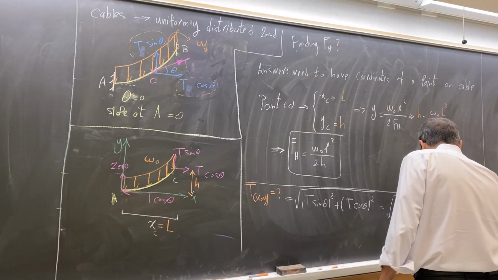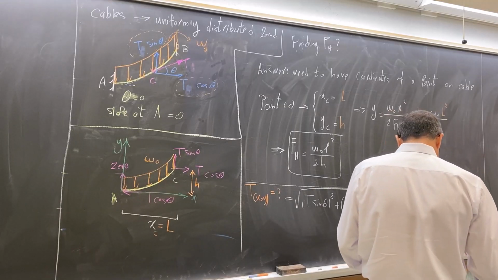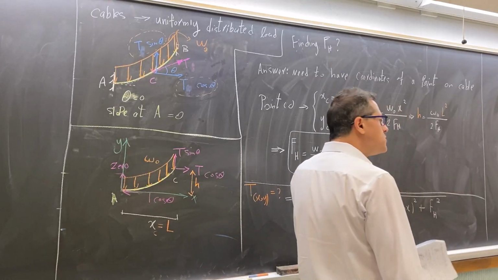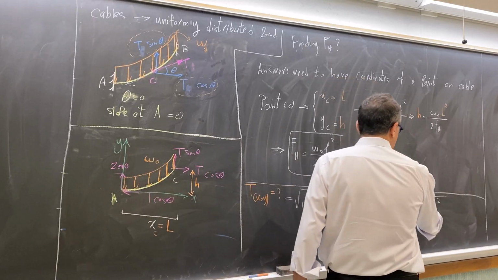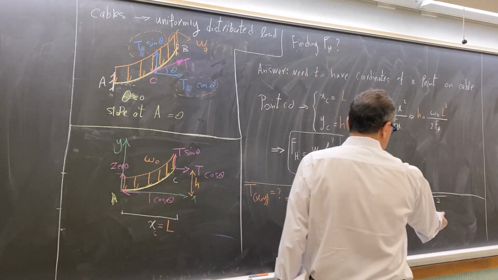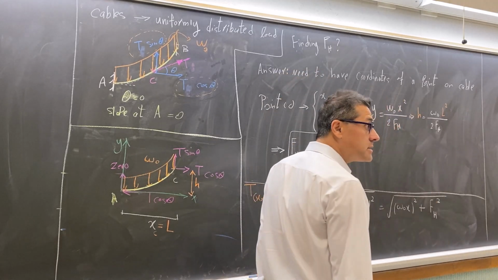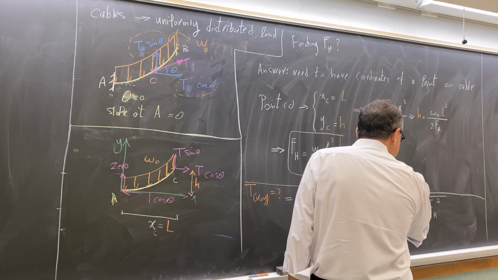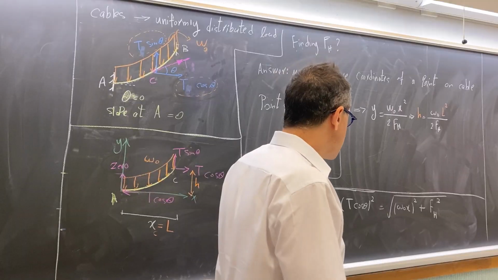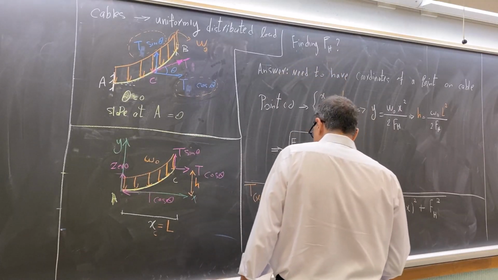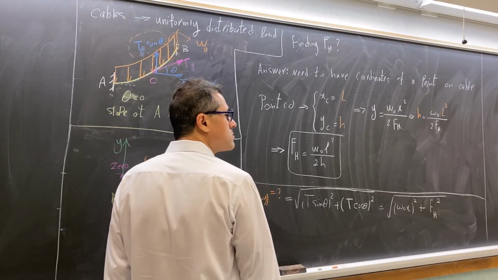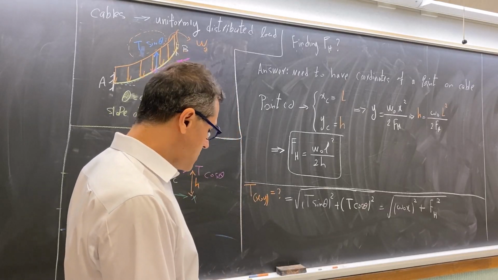And then the horizontal component is fh. It is constant. Remember, you already have fh. I told you how to find fh. So you have it, and then substitute it here. Omega is given in the problem, and x is for the point that you are considering. So substitute x for that point, and then you can find the tensile force in the cable at that point. This is the way.